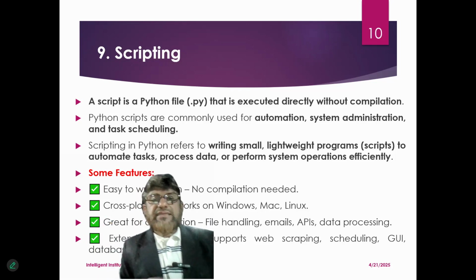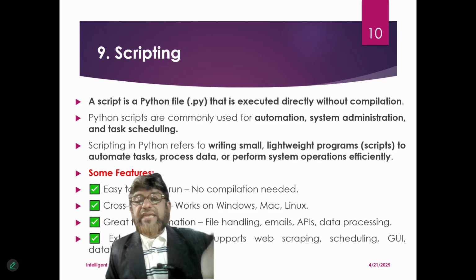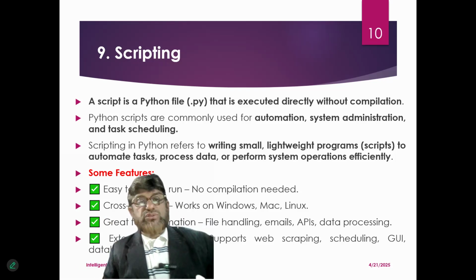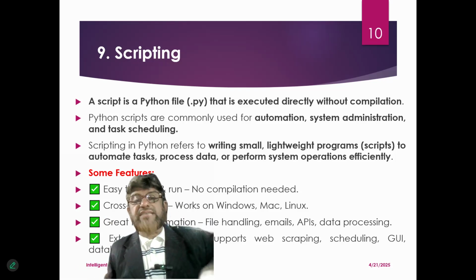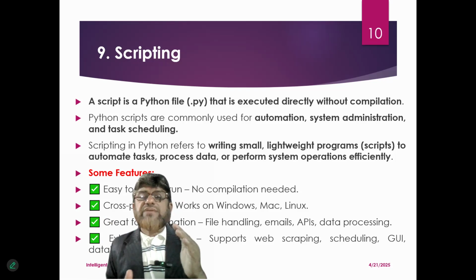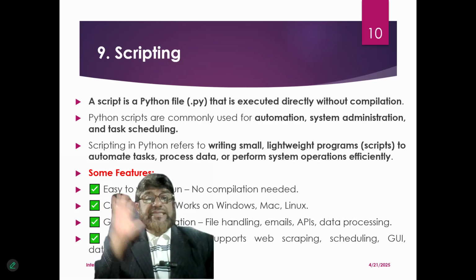Fine. And it is very easy for file handling, emails, any type of APIs (application programming interface), or data processing like machine learning and data science. Okay. And this programming language is easily suitable for artificial intelligence.